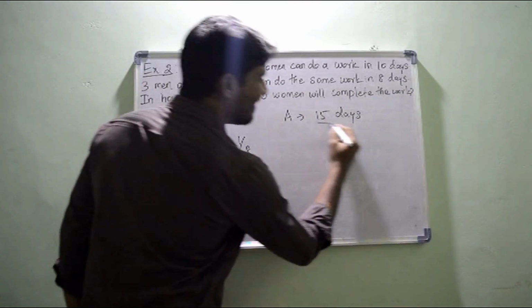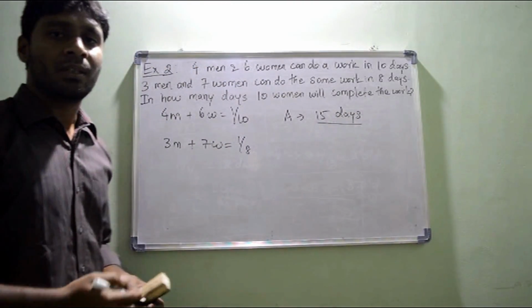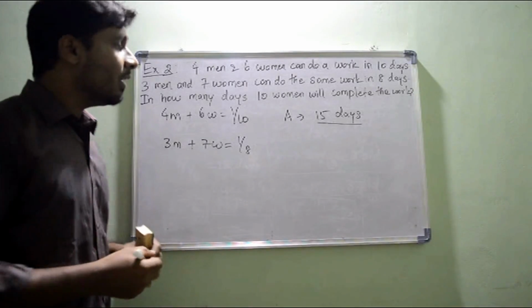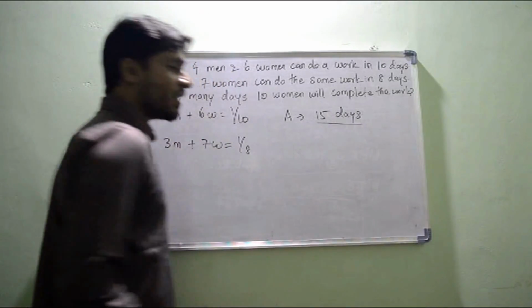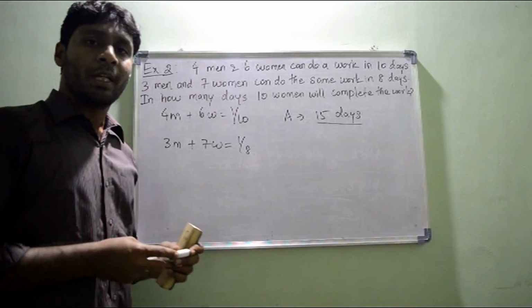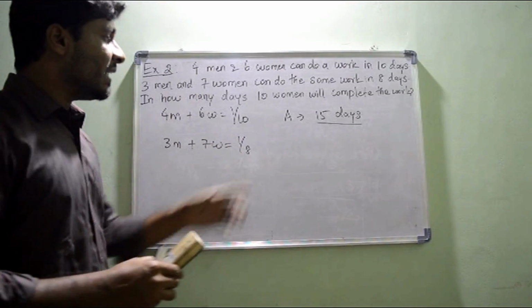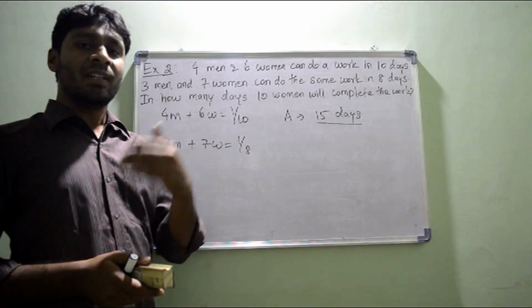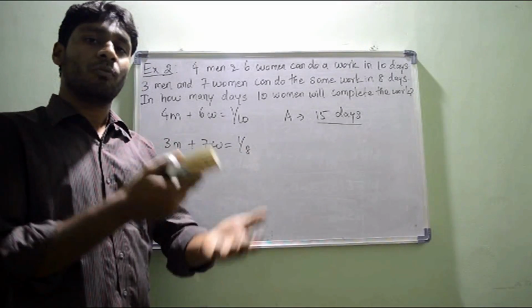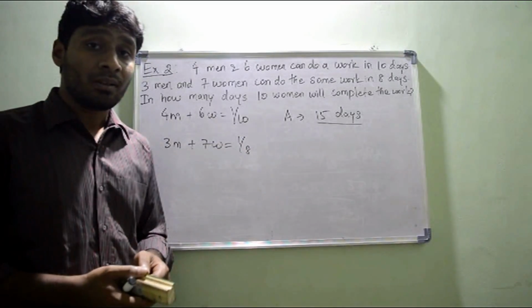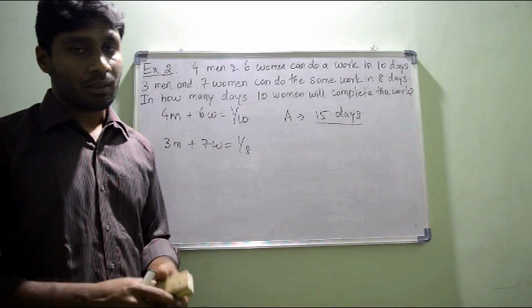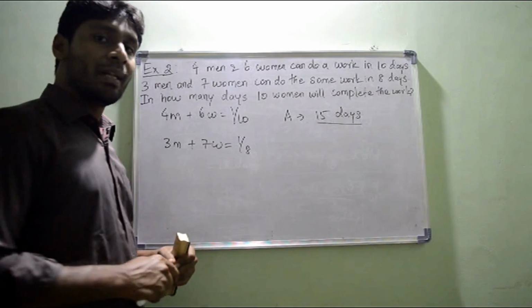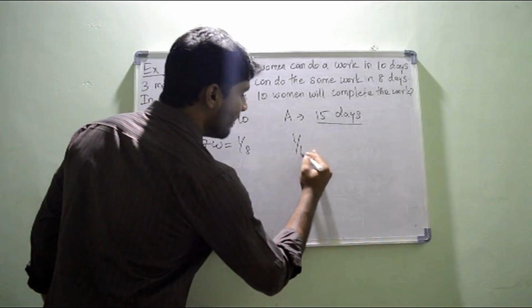And this is a time limit for the person to complete the given task. Got it? I'm just asking that in one particular day, you just imagine that person A has started the work. My question is that after completion of 1 day, how much work will get completed? That is a direct 1 day work. So after completion of 1 day, he might have completed 1 by 15 of the fraction.